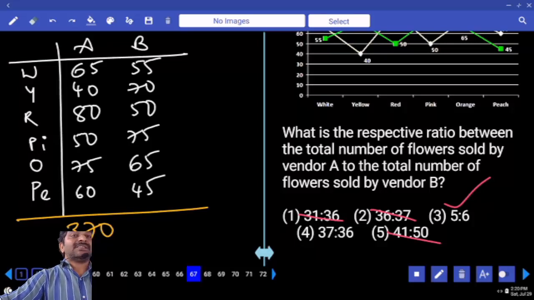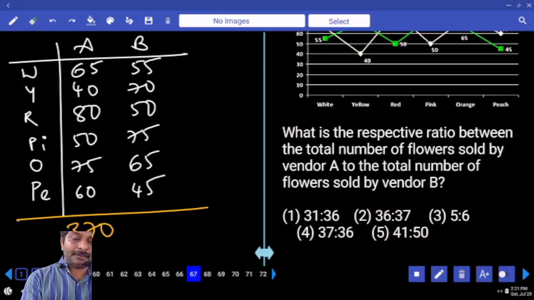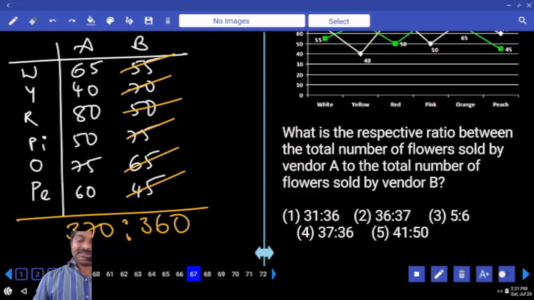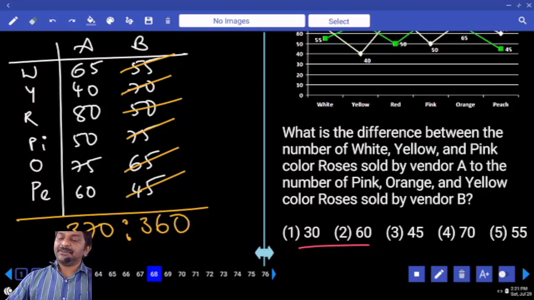You know that your first number must be a factor of 370. 5 is a factor, 37 is also a factor. Come on. 55, 45, 75, 65, 140 plus 100, 240 plus 50, 290 plus 70, 360. Now if you go for cancellation, 0 0 gets cancelled. Answer is 4th option.